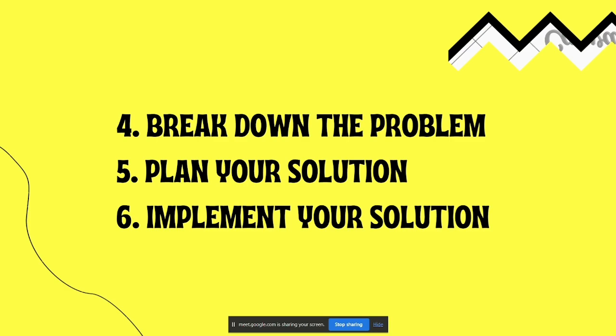So fourth one is break down the problem, and fifth one is plan your solution. So after breaking the problem, after assessing the problem, what you have to do is you have to approach the problem and think that how can you solve this problem. So for example, consider first and second condition, then try to think that how can I solve this, then consider third and fourth, and then all the conditions you have to consider and try to find a solution for that problem, right?